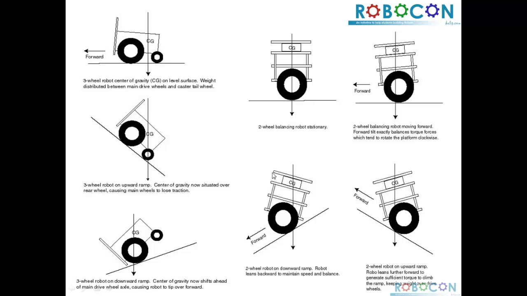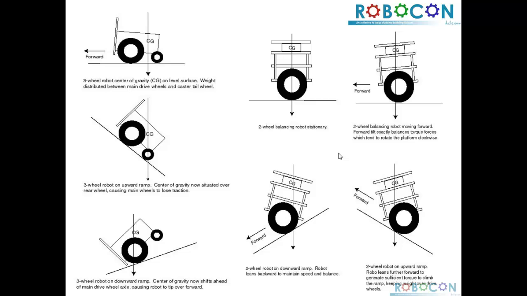And a good example is, suppose you have to move up a staircase or a ramp yourself, your general tendency would be to bend your upper torso in the front. Why? Because you have to balance your center of gravity, which is by default moving towards the back side or the rear side.